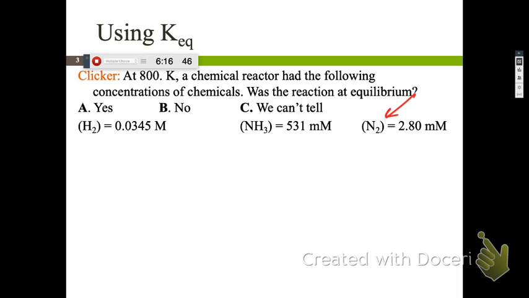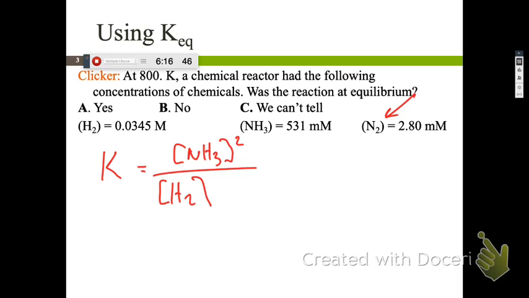I solved for K using those concentrations. Okay, did you do the forward or with ammonia on the right side or ammonia on the left side? Going to the right side. Okay, so you know that our K is equal to the concentration of NH3 squared over the concentration of H2 cubed times the concentration of N2. Okay, and then we put in these values. So what do we find?